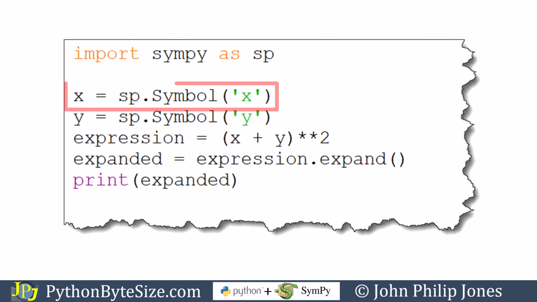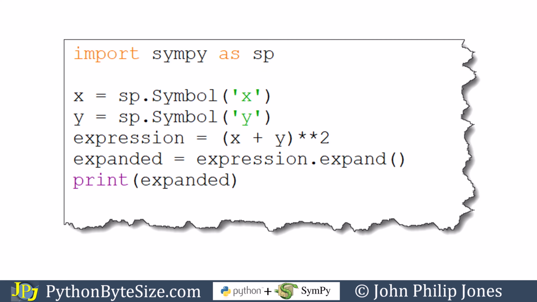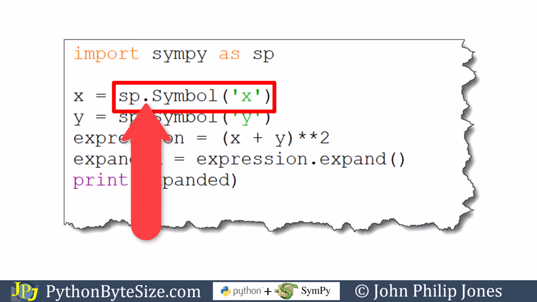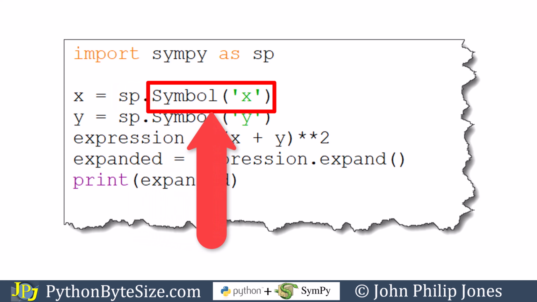Now this line is using the facilities of SymPy because you can see here I've got SP, which informs me straight away that I'm dealing with SymPy because of the way in which I've done the import here, which makes SP the alias. Now this part of the line, because of this dot notation, is going to invoke this symbol.